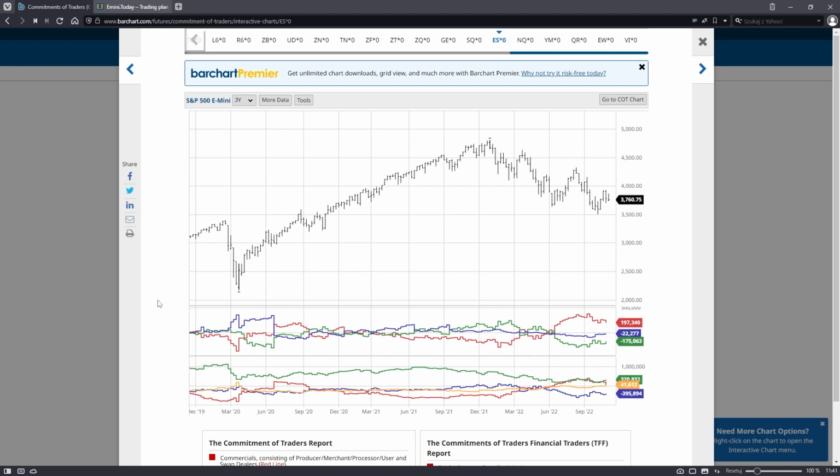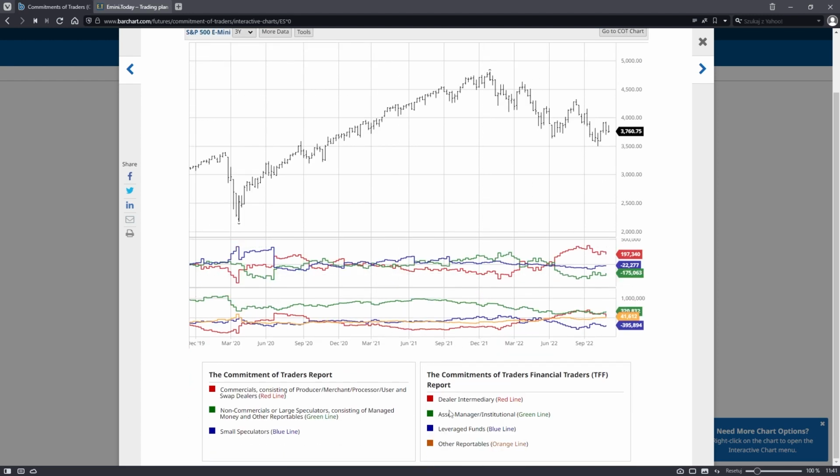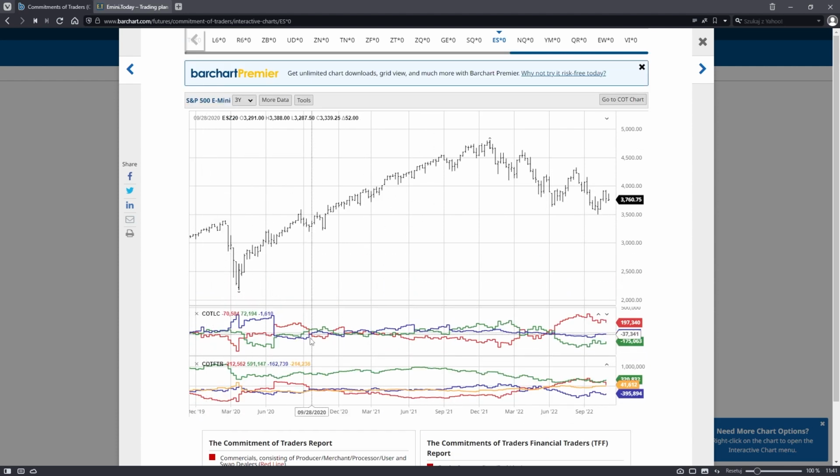And basically, you will have asset managers positioning, leveraged funds, small speculators, and so on. And you will see how long or short these participants are. So back in the day, I was doing some strategies around this data.